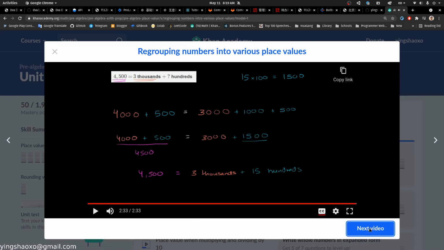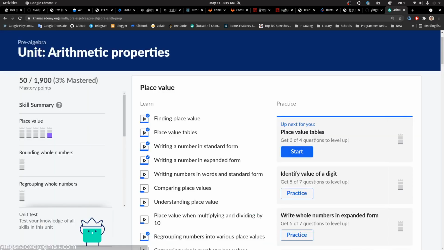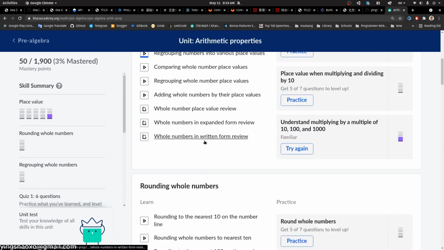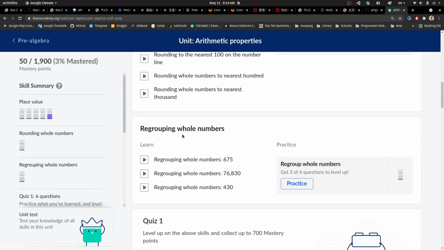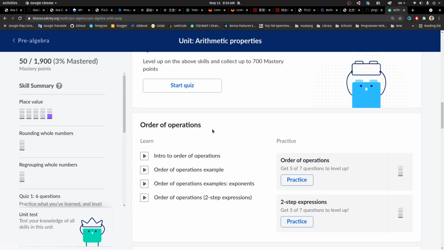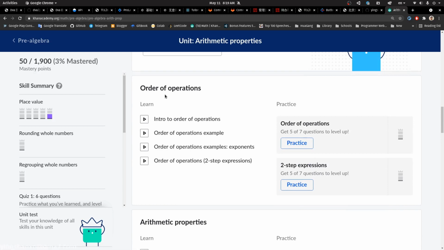Yeah, I still think these things are just basics. Even about writing the whole number, I guess Python could do the same thing. Order of operations, you probably think this is very important if you didn't know any math or programming language, but if you do, you would know that it's just like what the Python operators would do.